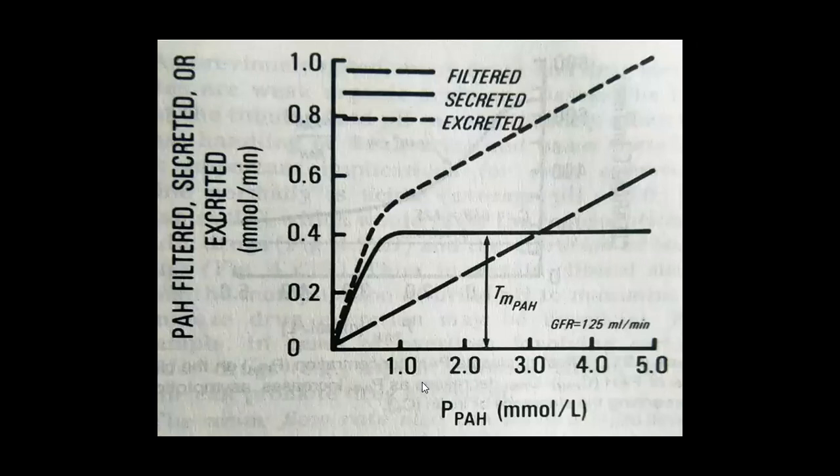Here, this is the filtered load of PAH. This is the transport, that means secretion, into the lumen, the secretory load of PAH. In combination is the urinary load. So this is the filtered load, this is the secretory load, and in combination is the urinary load. It is increasing more and more.